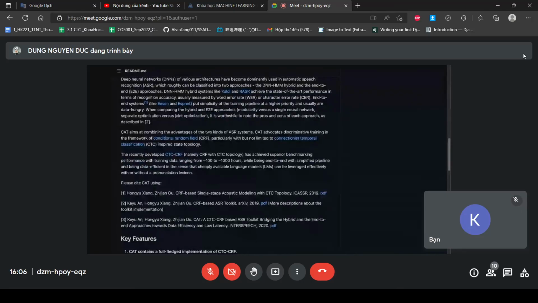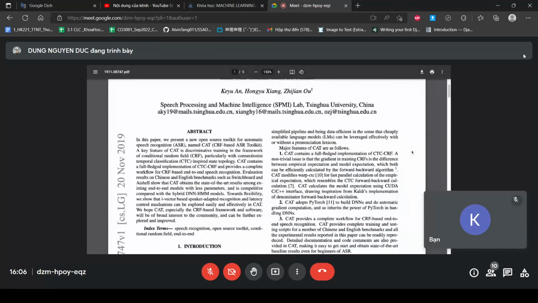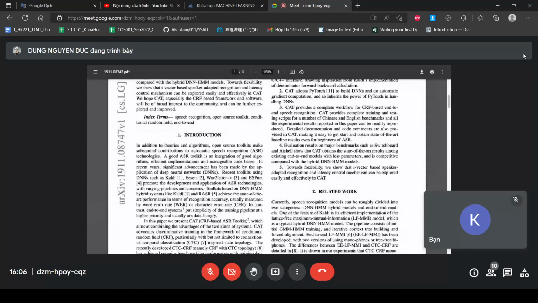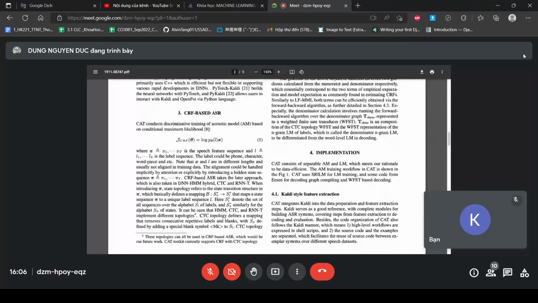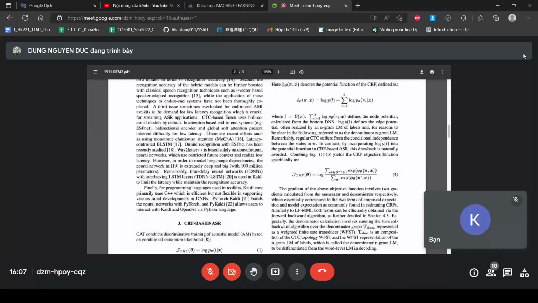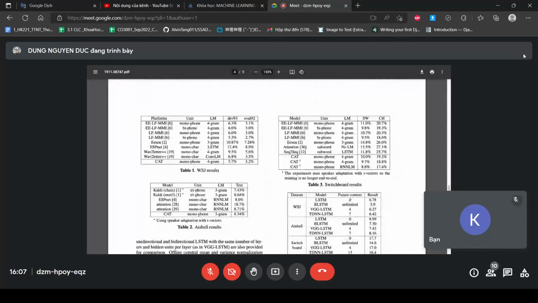Okay. Let's see if I can load the paper. All right. So you can see this is the paper written from that repository, and here are some descriptions about CRF-based modeling for the models. It's very simple.